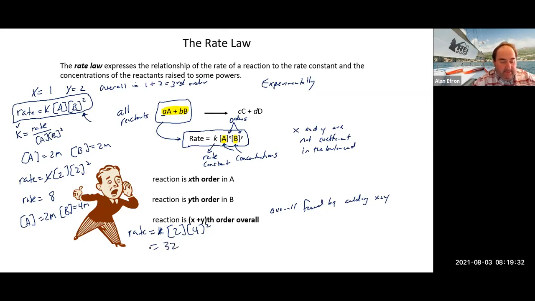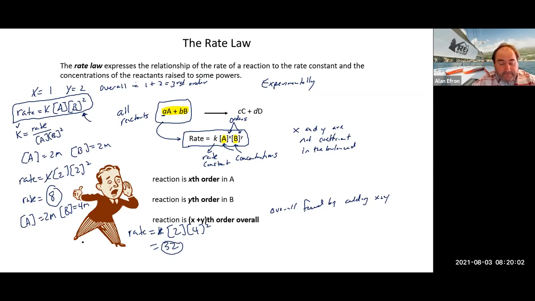What does that mean? Well, we increased the rate of the reaction by a factor of 4, right? 32 divided by 8 is 4. We increased the rate of this reaction by a factor of 4 by simply doubling the concentration of reactant B. And if you wanted to speed up a particular reaction, knowing the orders, you could adjust the concentrations to speed it up.